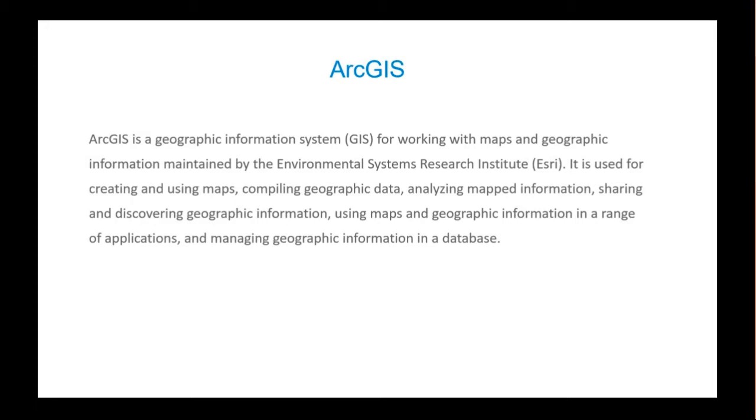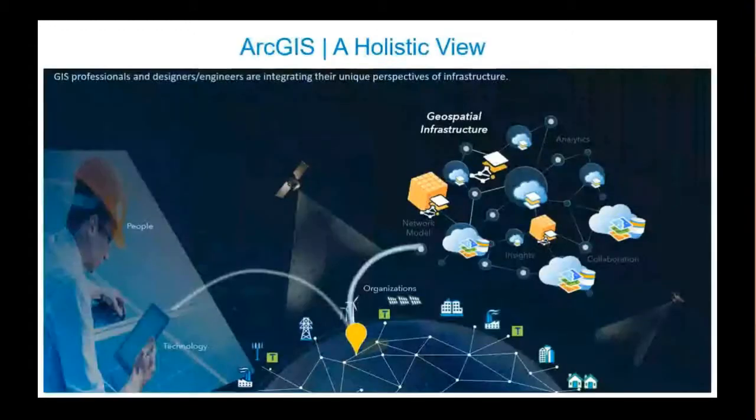Most of the data and most people use Esri. So it's used for creating maps, compiling geodetic locations and geographic data, analyzing mapping, and sharing and discovering geographic information by using those actual maps, all in specific databases.